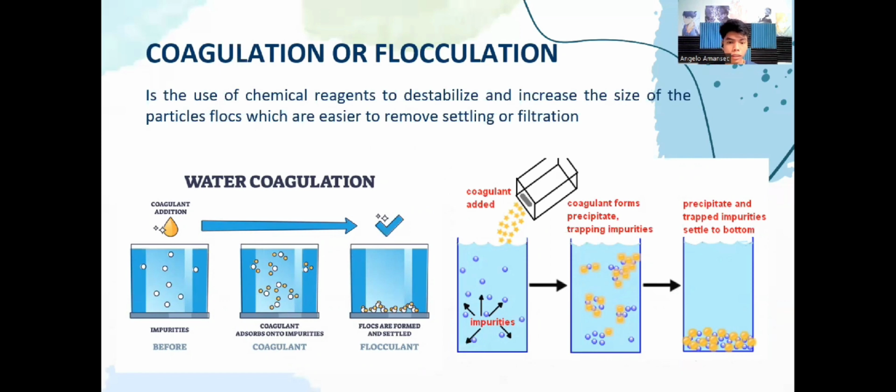Those chemical reagents, such as aluminum sulfate, ferric sulfate, ferric chloride, or polymers are called coagulants. In the picture below, the coagulant is added in the water, then the coagulant forms precipitate, trapping impurities. Then the precipitate and trapped impurities settle to the bottom.